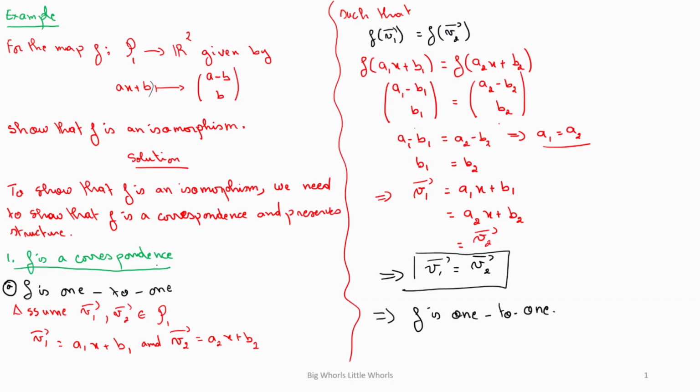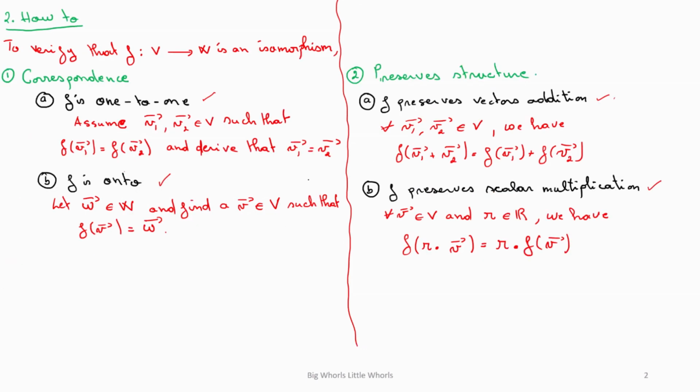We are asked to show that f is an isomorphism, and as we have seen in the lecture, to prove that a map is an isomorphism, we need to prove two main things: that f is a correspondence, and that f preserves structure. By correspondence, we mean f is one-to-one and f is onto.